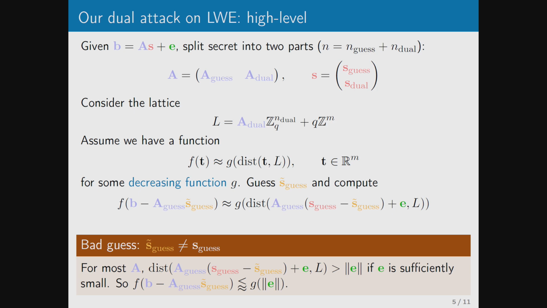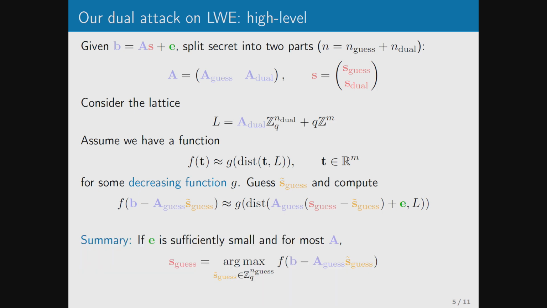Now, what happens in a bad guess is more involved. I'll just claim the following. If you have a matrix A, then for most choices, when you take the vector E and add this non-zero guessing part, the distance to the lattice L is actually longer than the norm of E. Because f measures the distance, you can immediately see that f of this guess will be larger than the image of a good guess.